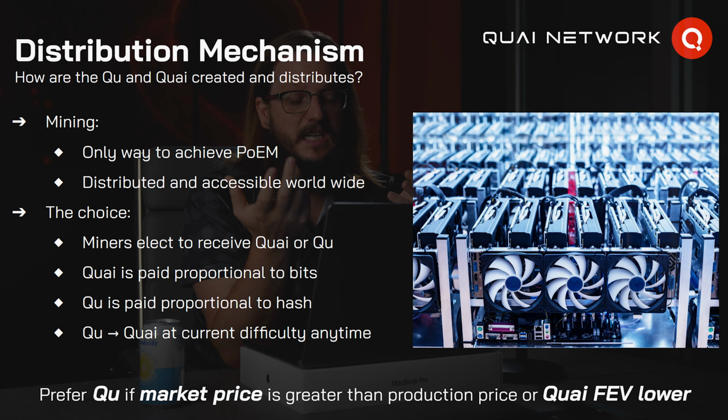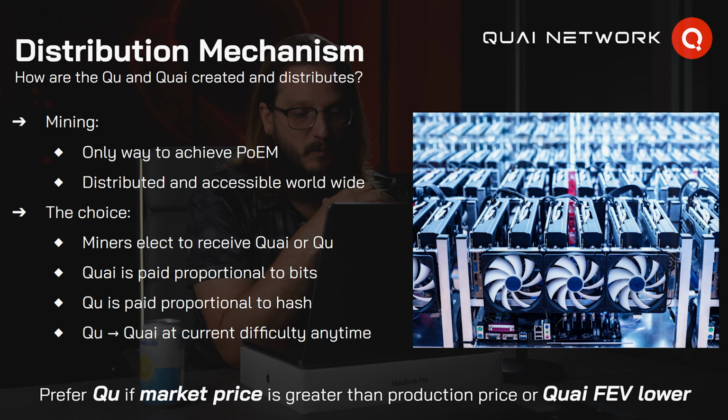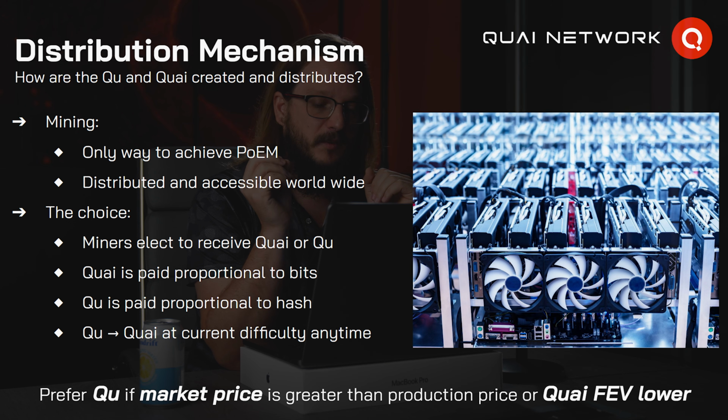So what does this mean in terms of what will happen to the dynamics of Q and the dynamics of Quai? A miner will prefer Q if the market price is greater than the production price, or they think the future expected value of Quai, and by proxy here, the hash rate, may be lower in the short to mid term.